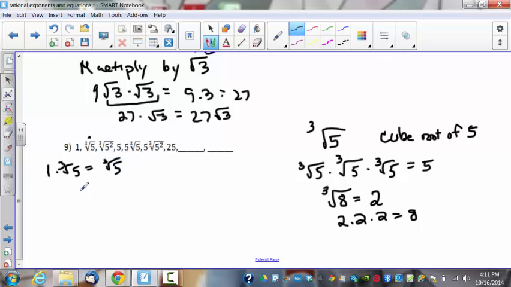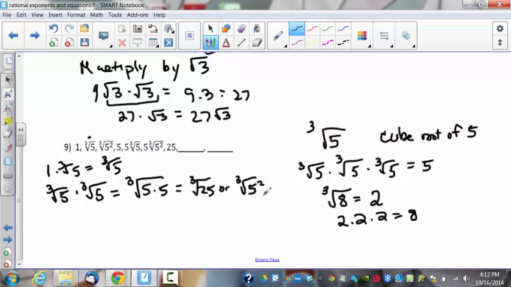That gets us to this term. What about if I multiply the cube root of 5 by the cube root of 5? Hopefully you remember that when you're multiplying radicals, you take the numbers inside the radical sign and multiply them out, and this is either the cube root of 25, or you can just keep that as the cube root of 5 squared, which is this one.